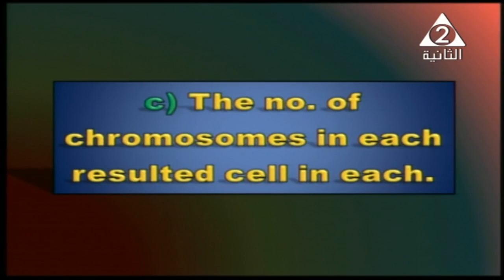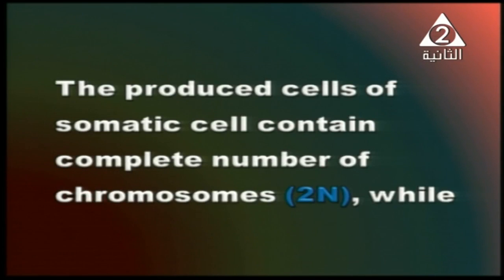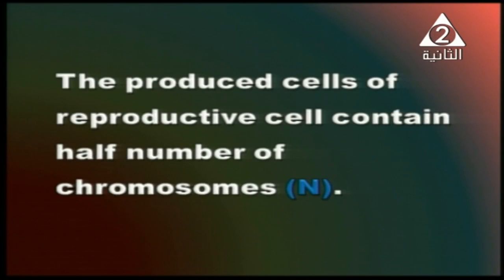The number of chromosomes in each resulting cell: the cells produced from the somatic cell by mitosis contain the complete number of chromosomes, 2n, while the cells produced from the reproductive cell by meiosis contain half the number of chromosomes, n, and are called gametes.